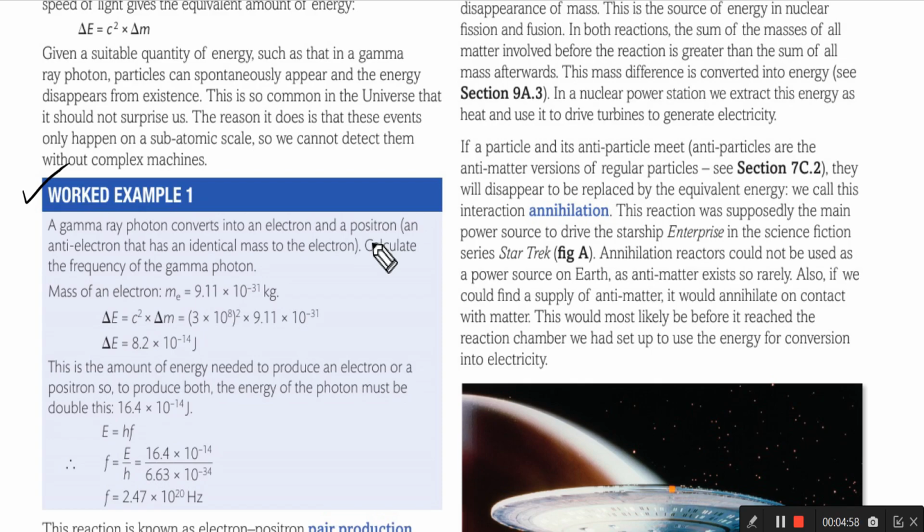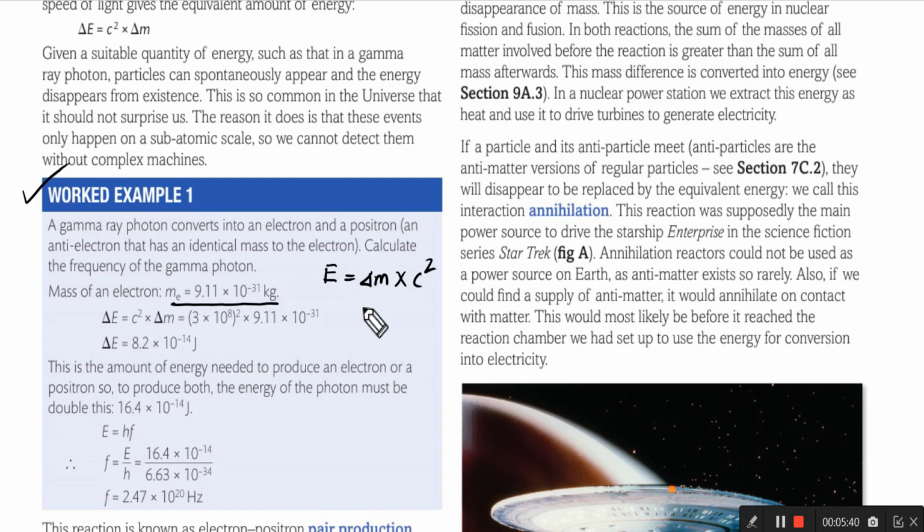First, we have to calculate the amount of energy. We know E equal to delta M c square, where delta M is the mass and c is the speed of light. Here, mass is multiplied by the square of the speed of light. The mass of an electron is 9.11 × 10^-31 kg. The electron and positron have exactly the same mass.